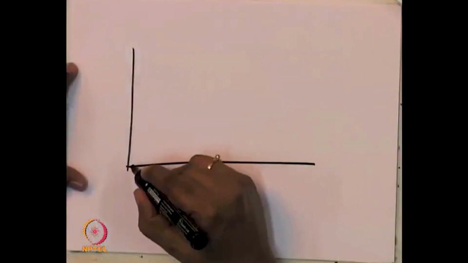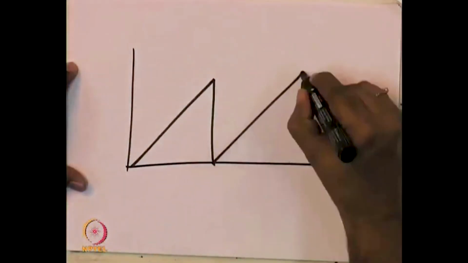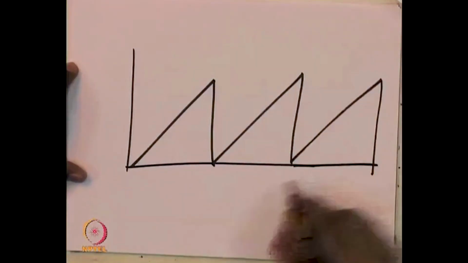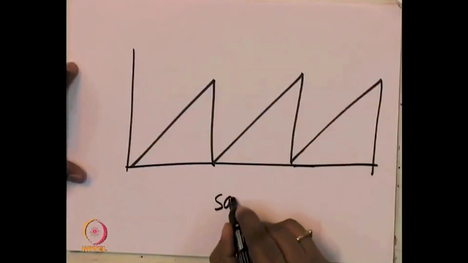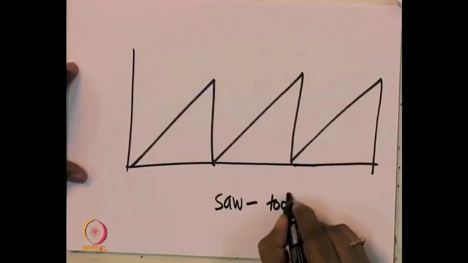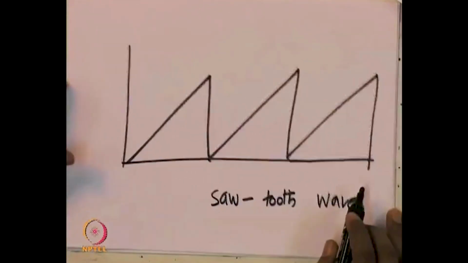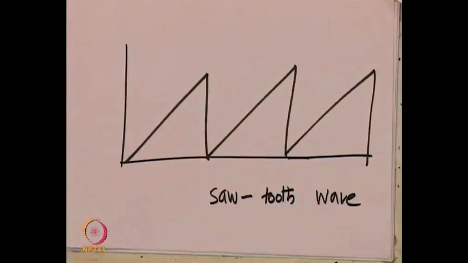In the last lecture we described a function which is like this. We called this the sawtooth wave.